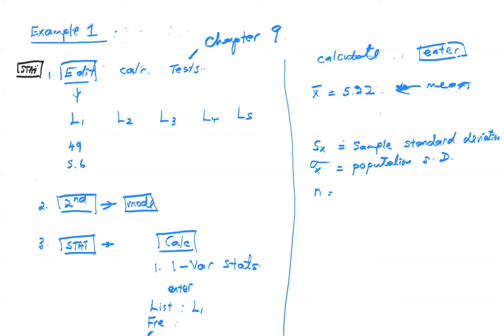Then they tell you the minimum. Then do you see Q1? Thaddeus, what is the value of your Q1? 4.3.